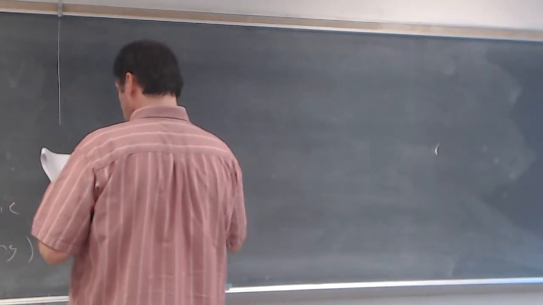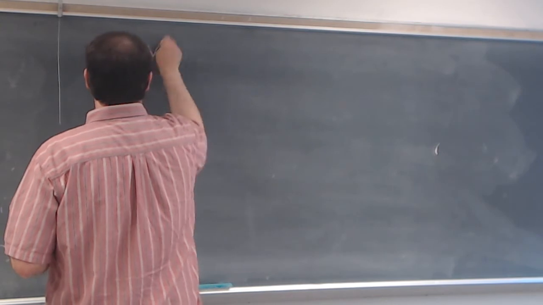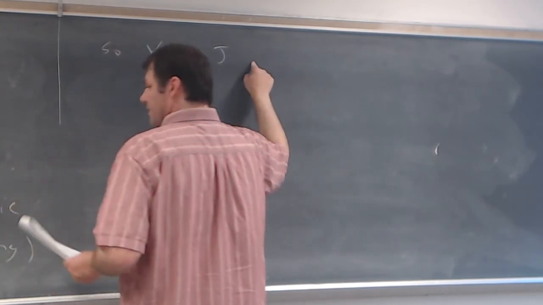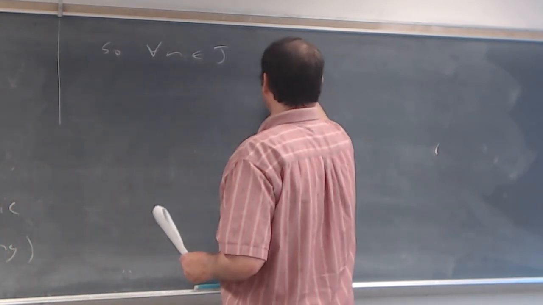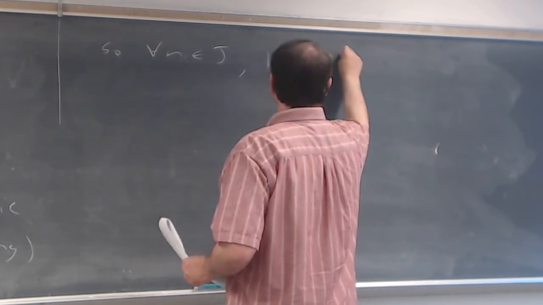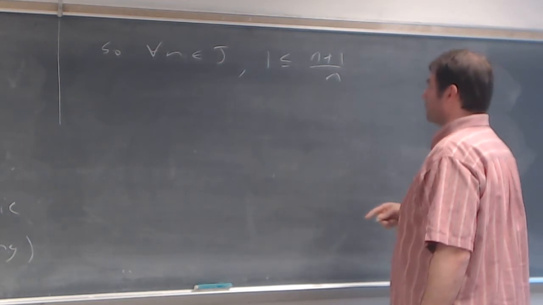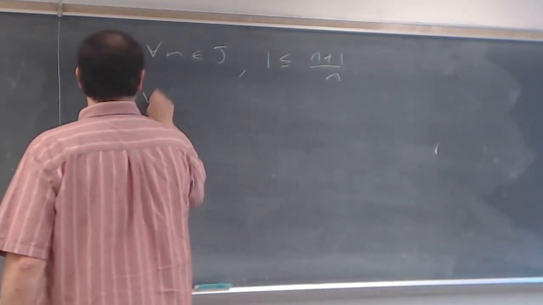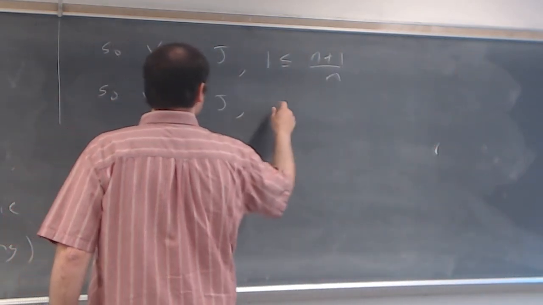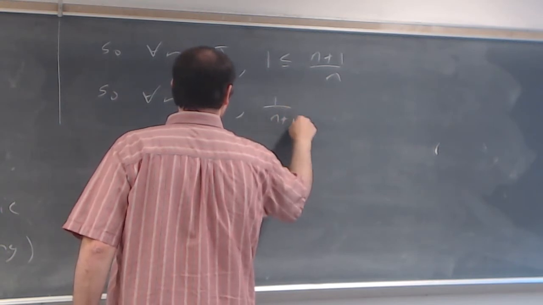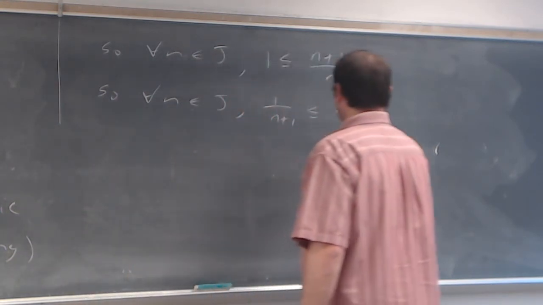So, for all n element of J, we divide everything by n. We have 1 is less than or equal to n plus 1 over n. Now if I divide everything by n plus 1, we have 1 over n plus 1 is less than or equal to 1 over n.